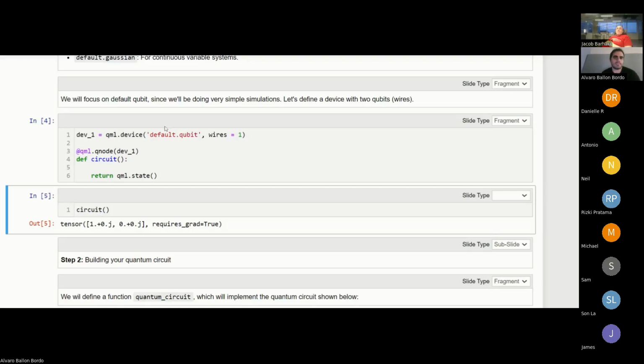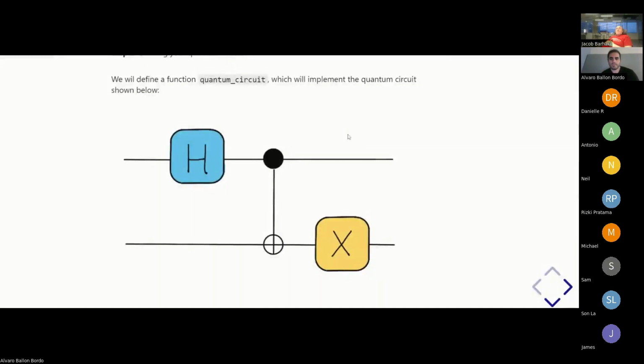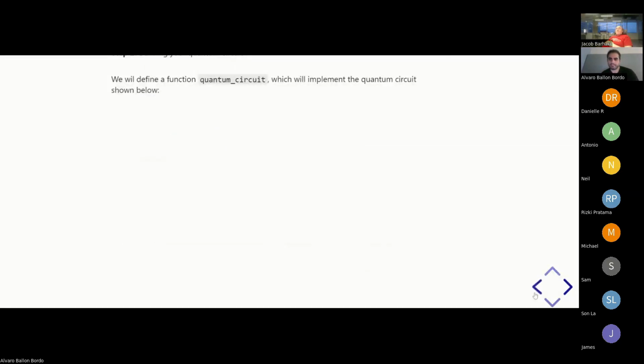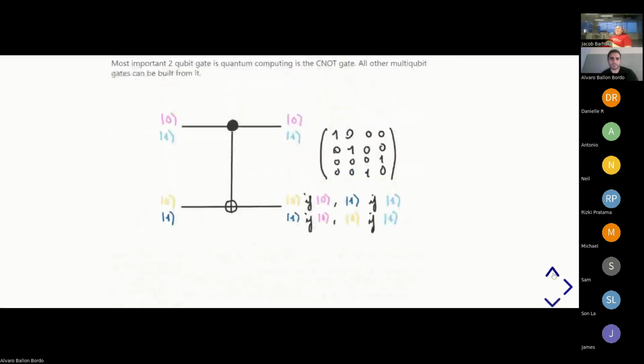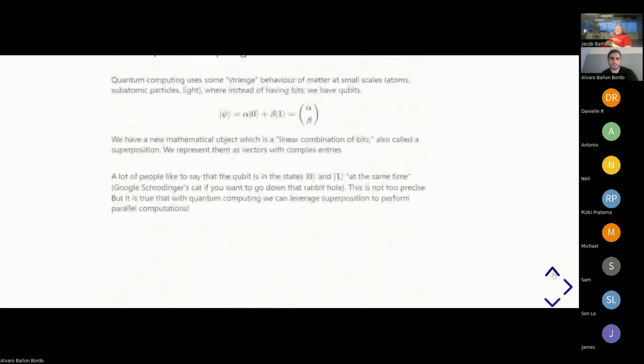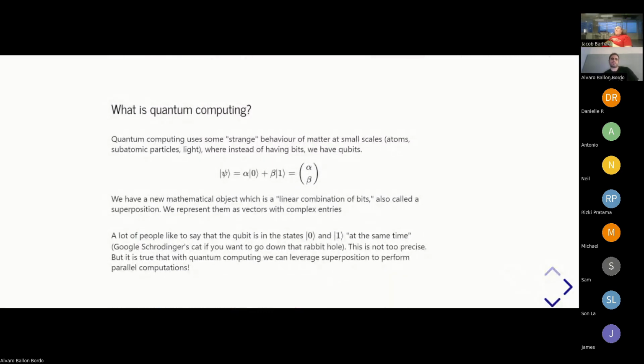Why is this? Let me go back to my presentation, just a little bit to the beginning. What does 1, 0 represent here? Remember, we represent these qubits as vectors. 1, 0 represents that this alpha is 1 and this beta is 0.